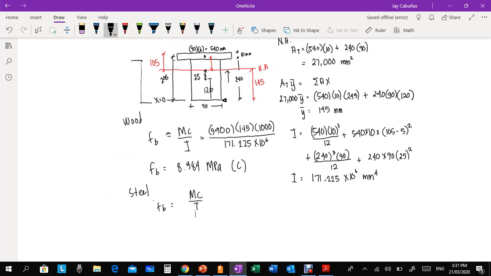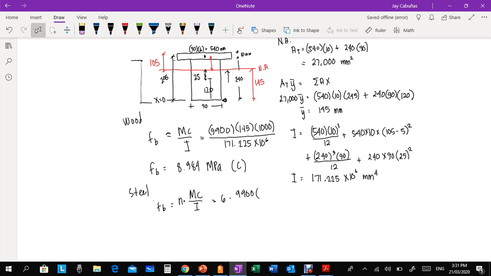Now, take note, the I here, the stress here, is for the wood. So we multiply it by the modular ratio to get the flexural stress for the steel. Again, what we got was for the wood. To make it the stress for the steel, we multiply by the modular ratio, that is 6 times the M.